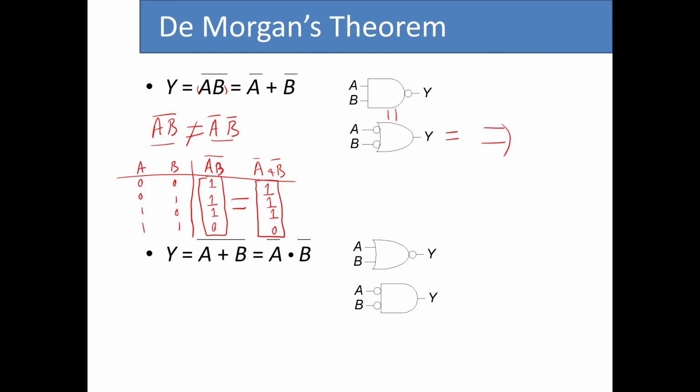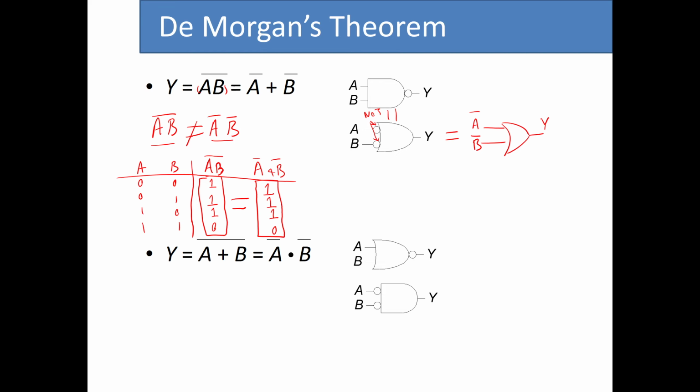So this one is Y, so you can write it like this. This circle basically signifies the NOT operation. So in logic gates, whenever you see a circle, that means it is a NOT operation.